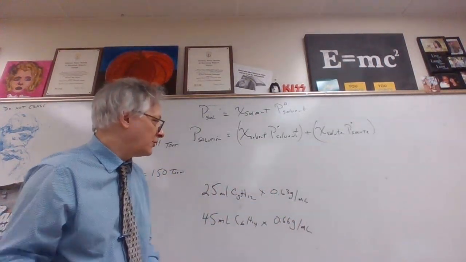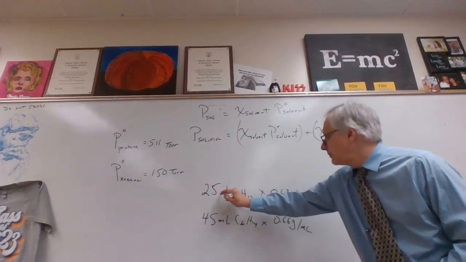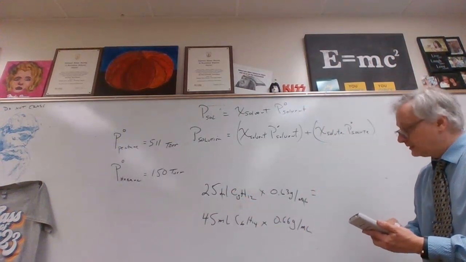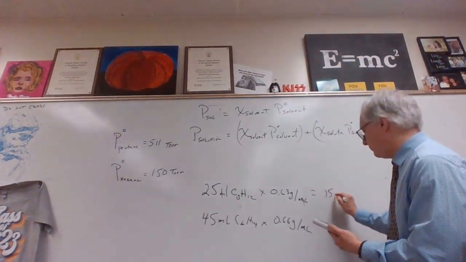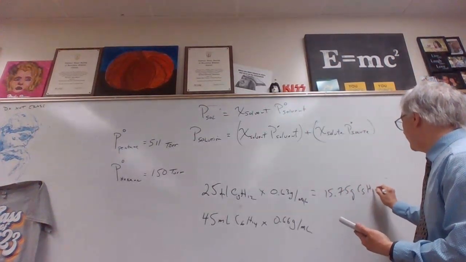That's easy enough. If I multiply 25 milliliters by the density, the milliliters cancel. So 25 times 0.63 is 15.75 grams of C5H12.